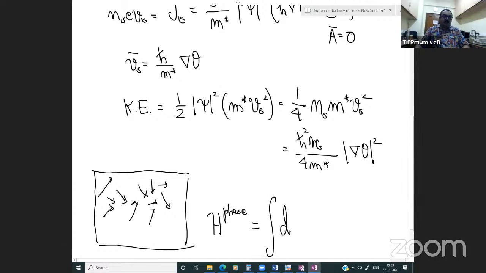Okay, so then I have to just integrate this over the volume of the superconductor. Let me not write it like this. The prefactor I will take out.